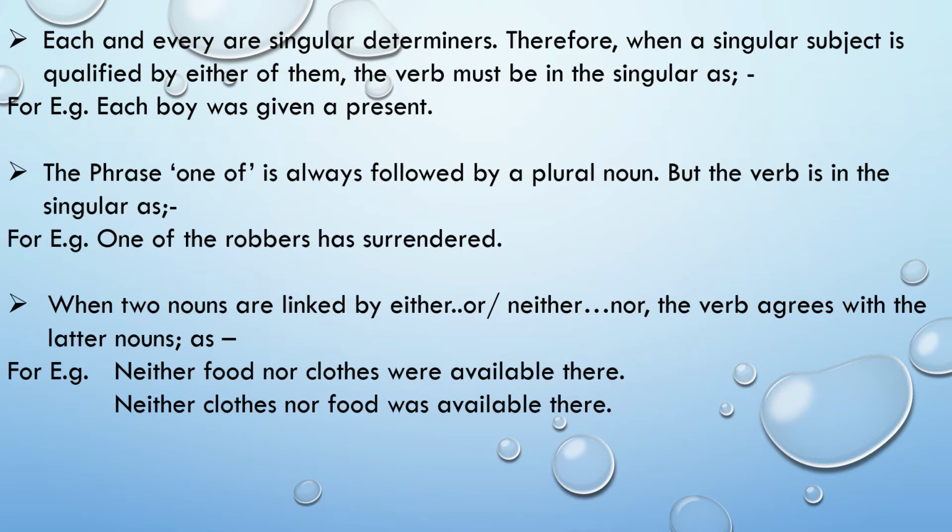When two nouns are linked by either or, neither nor, the verb agrees with the later noun. So children, whenever it is either or neither nor in the sentence, what we will do is follow the later one. I will show you here with the laser pen.